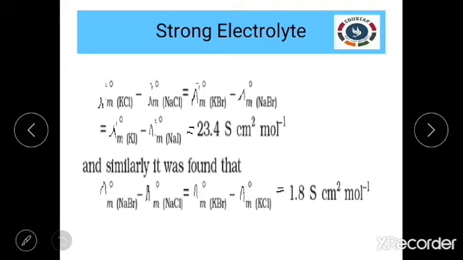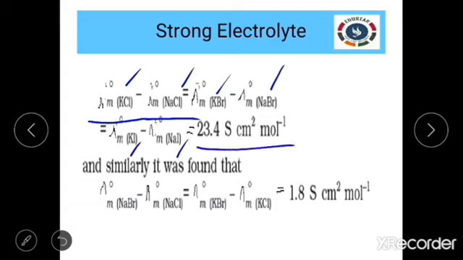See here, this is the limiting molar conductivity of KCl and NaCl. So they have a common ion, Cl, right? Similarly here the Br is a common ion and here iodine is a common ion. So all these have some sort of common ions in them. All these limiting molar conductivities are approximately the same value.